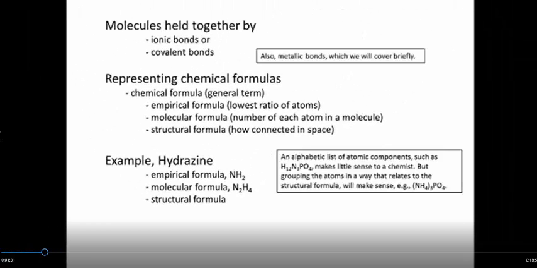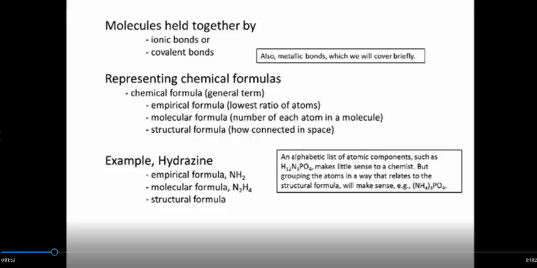Now, when we represent a molecular formula, we try to write it out in a way that makes some sense. Typically, we do not list the atomic components of a molecule in alphabetical order. For example, if we were to write out H12N3PO4, alphabetical order with a number of each in a molecule, that would actually not make much sense to a chemist.